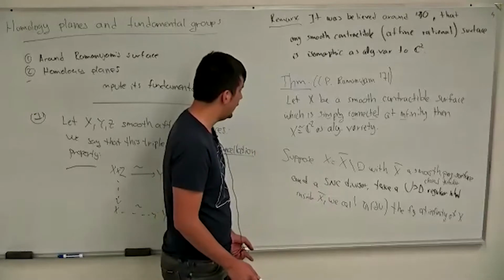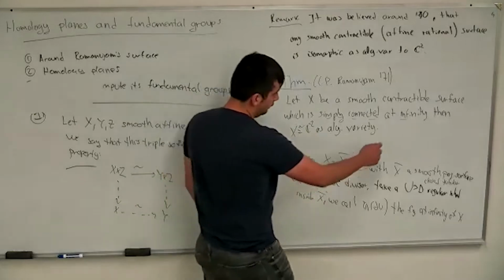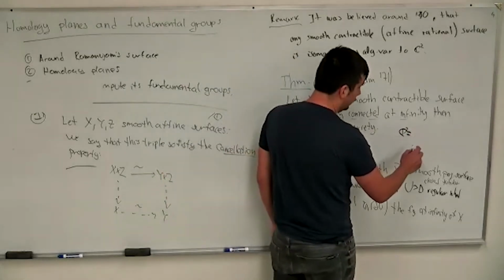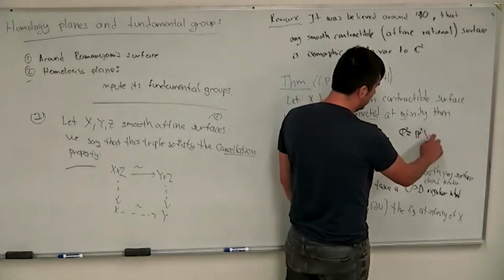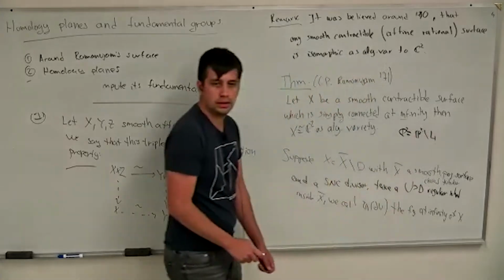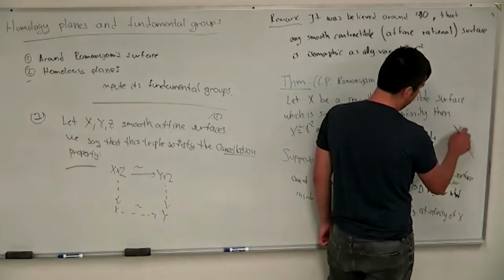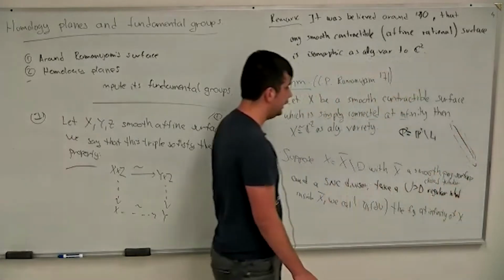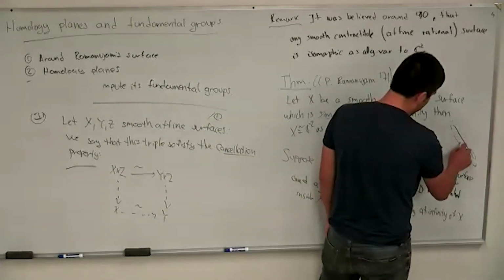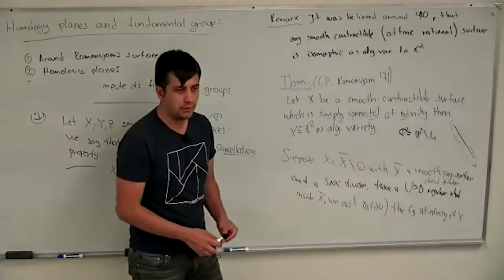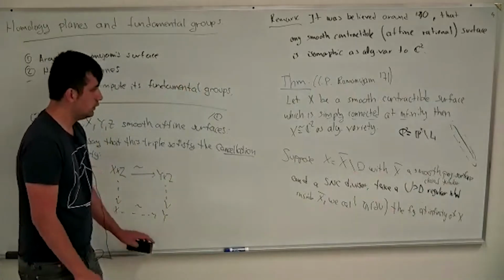For C2 we take P2 minus a line, so D is a P1. We take a tubular neighborhood of this, and we are getting a sphere, if I'm not mistaken. So we get a sphere, and the fundamental group of this sphere is trivial. That's right.